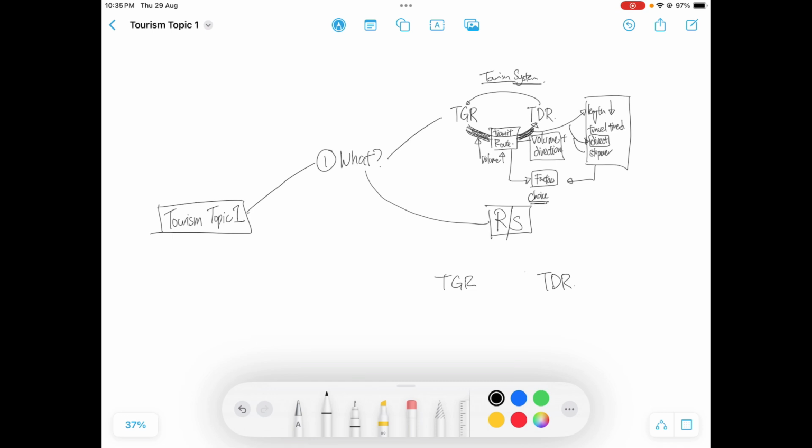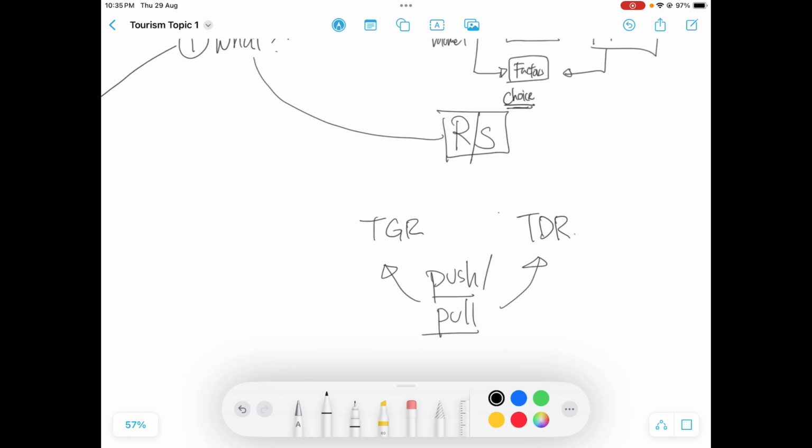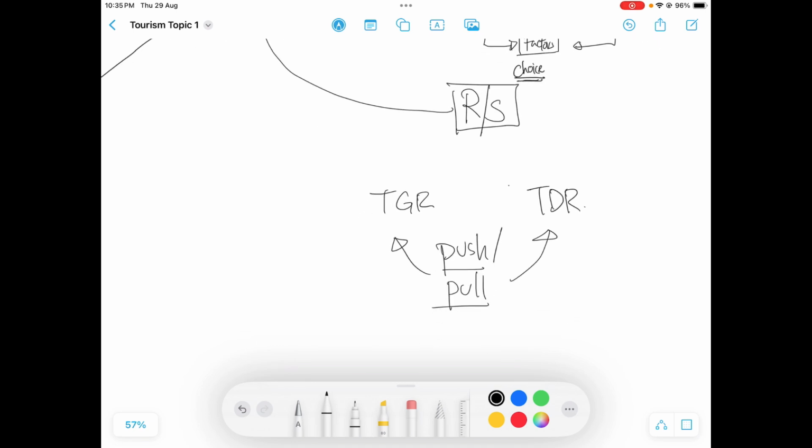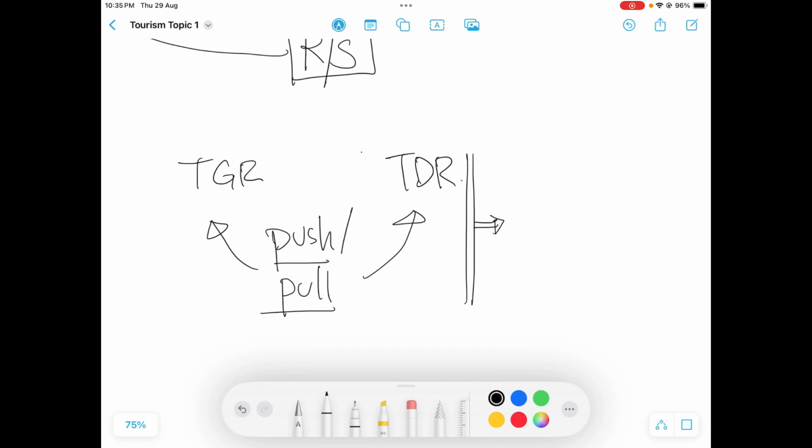So you can see there are push or pull factors that influence these two, the tourist destination and generating region, and this is all dependent on tourists, businesses, organizations, and so on at both sides. And that is the relationship.